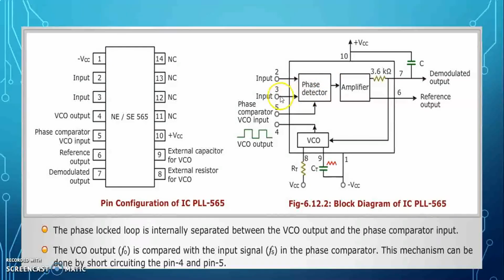It compares the input signal phase angle and the voltage control oscillator phase angle. Based on the comparison, it generates the error signal. The error signal is the phase difference between the input signal and the voltage controlled oscillator output signal.